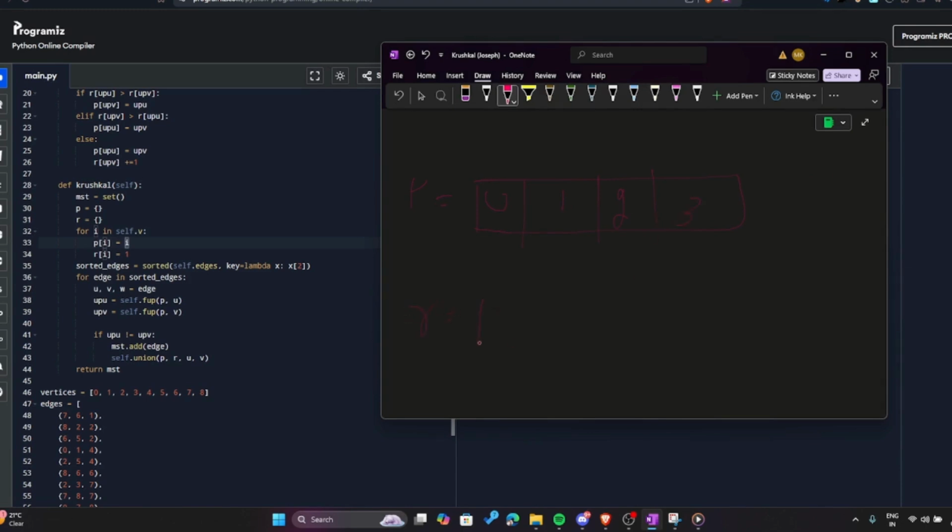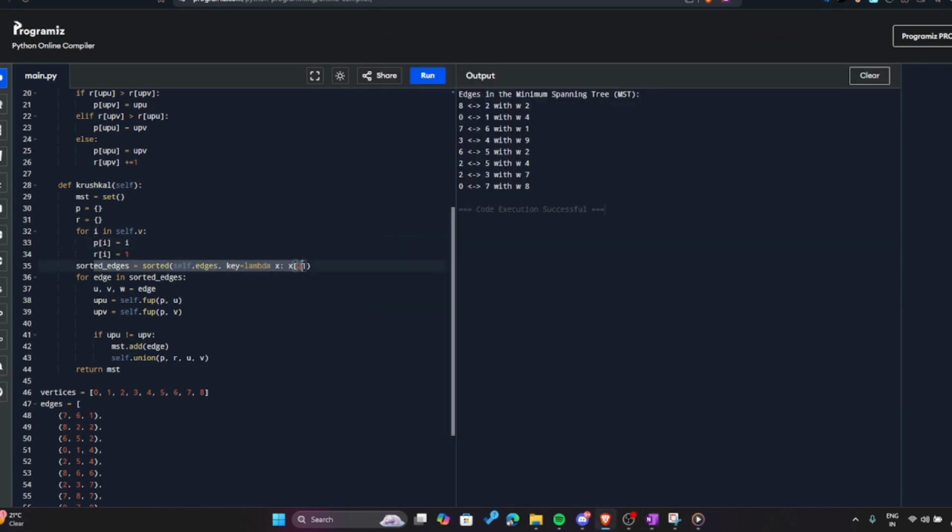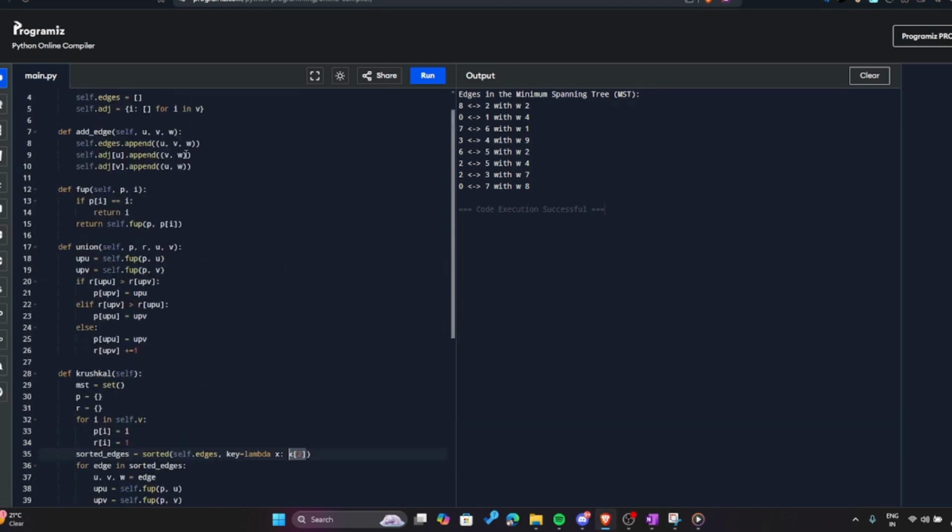And the rank would be 1, 1, 1, 1. So the rank would be 1 initially. And I'm going to sort these edges according to x of 2, which means the third component, which is basically w.